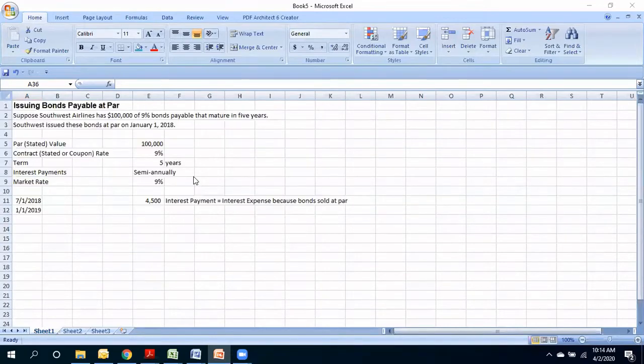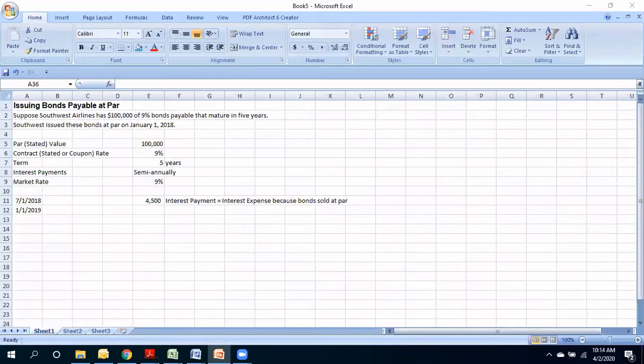On slide number 11, you're going to see an accrual for interest expense on December 31st of 2018. You'll notice there isn't a cash payment because the cash payment isn't made until the next day. So you'll see December 31st, 2018, interest expense, interest payable. Then on January 1st of 2019, there would be a debit to interest payable and a credit to cash.